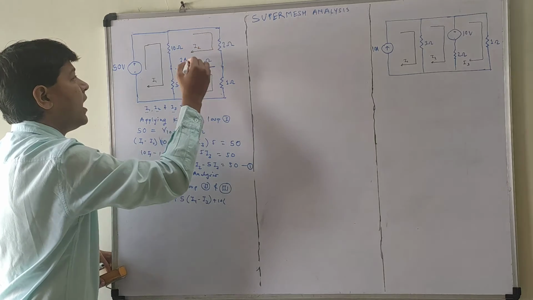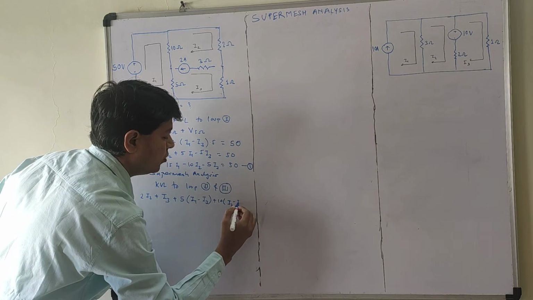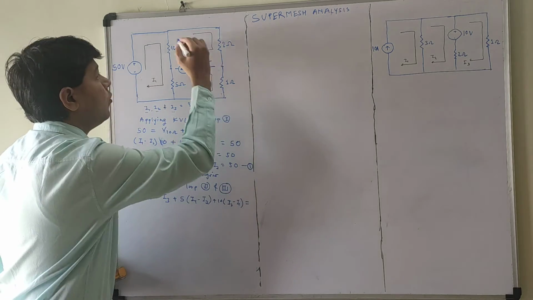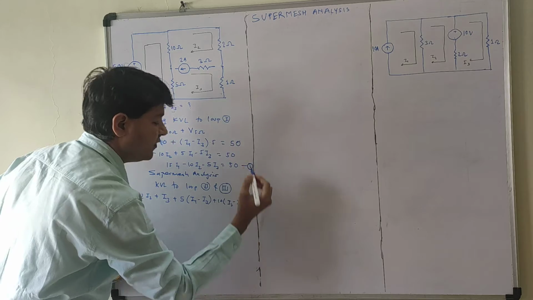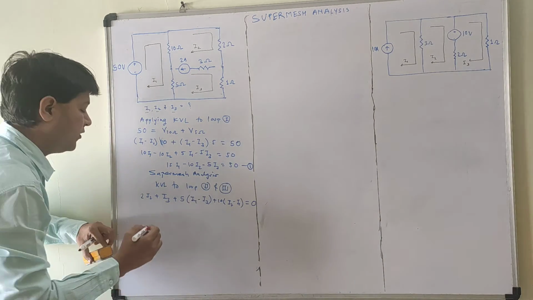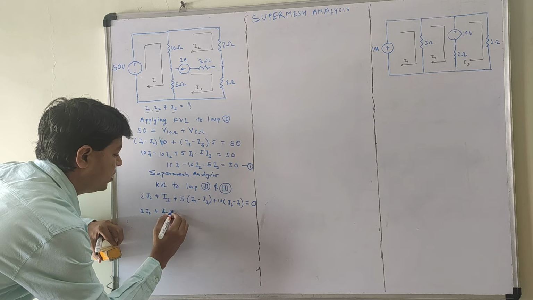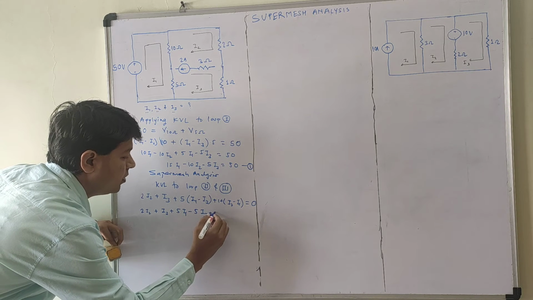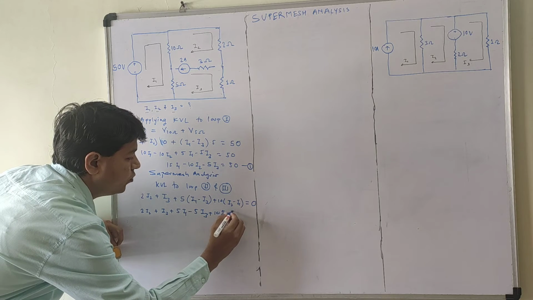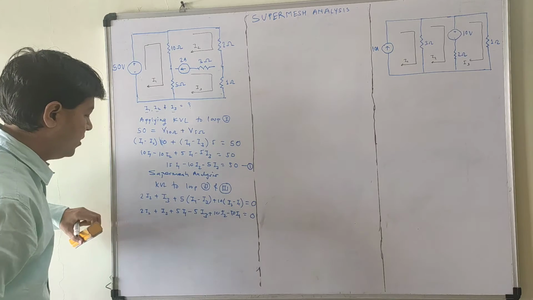Now in this case I2 is opposed by I1. As for this whole loop there is no voltage source, so this is 0. I will simplify this: 2I2 plus I3 plus 5I1 minus 5I3 plus 10I2 minus 10I1 is equal to 0.